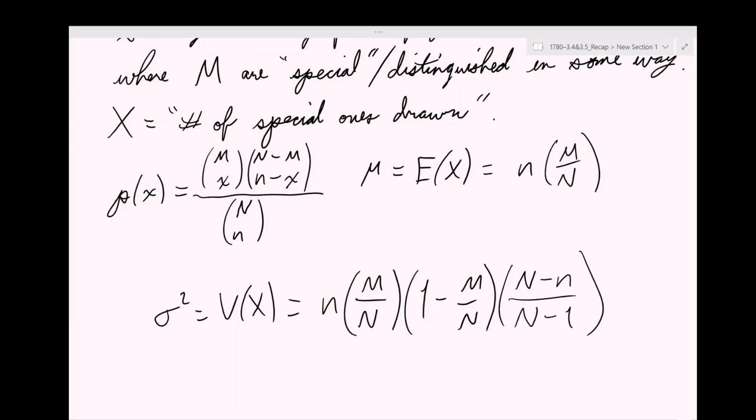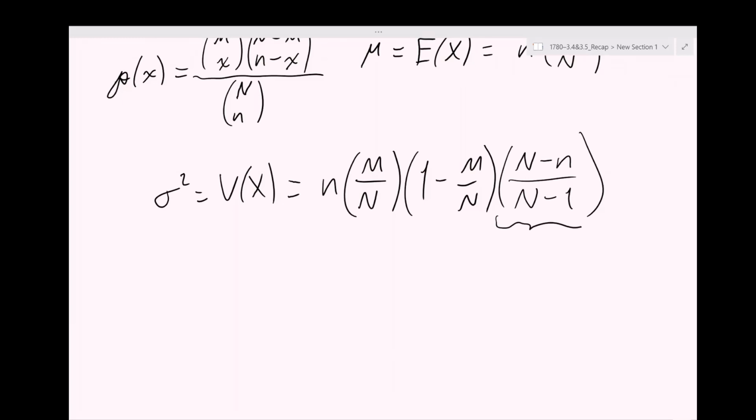Before I referred to this as the finite population correction. So you just have to remember that when I'm doing hypergeometric, my expected value and variance formulas look very much like they do for binomial, except there is this bit of fudginess, this correction that happens in the variance.